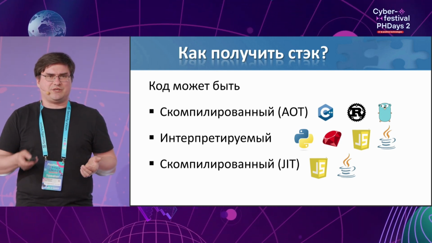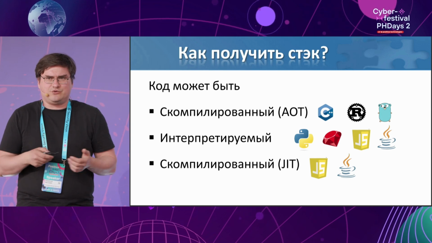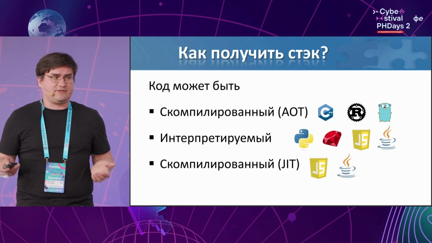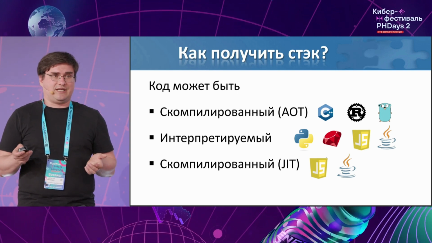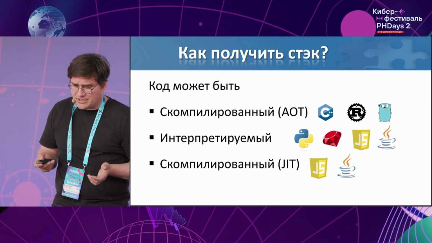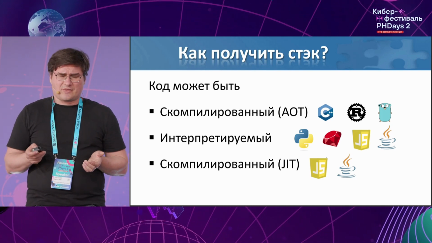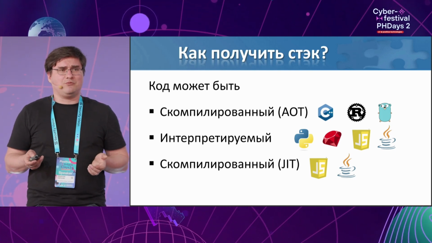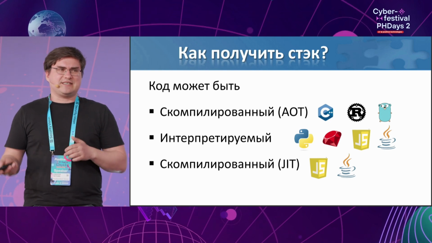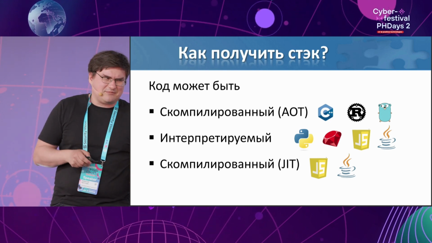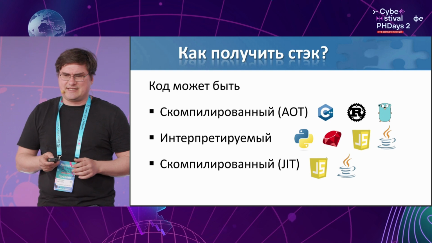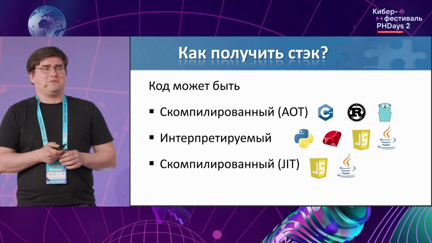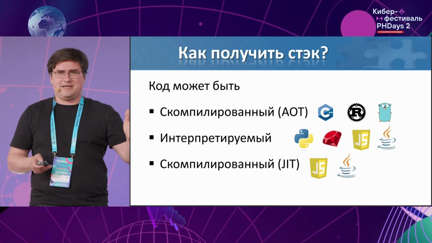If you try to collect a stack trace from an interpretable language, you will see the code of the interpreter. No Python code at all. And then there are some strange languages like Java or JavaScript that can interpret and compile, and even there are hot compilations. There's some other options.